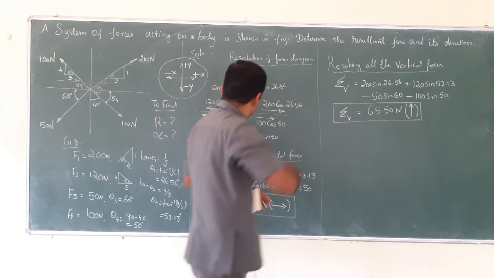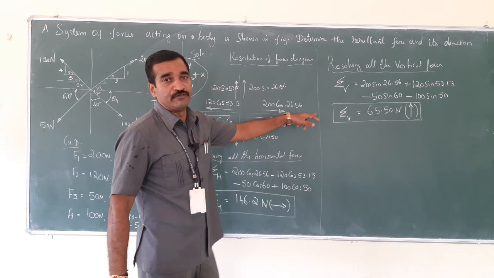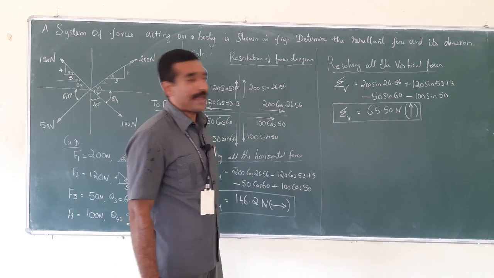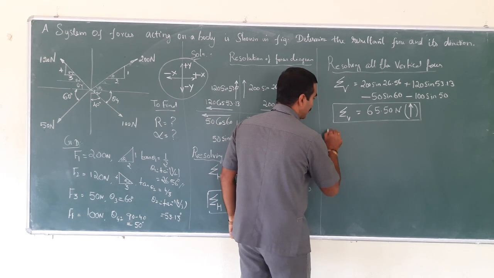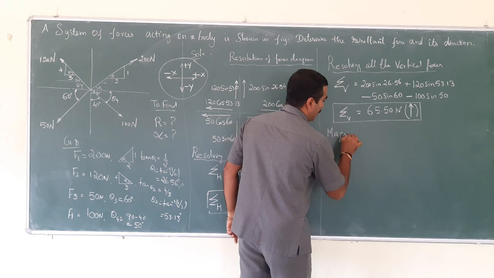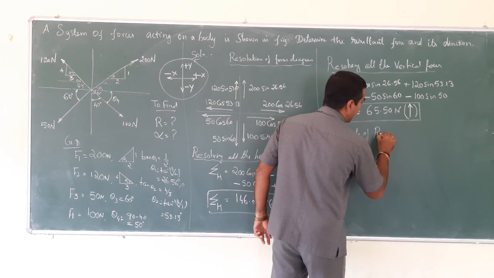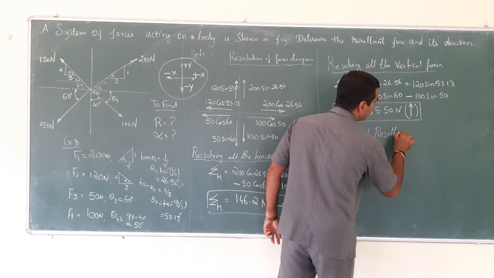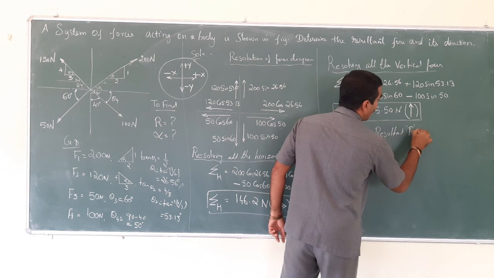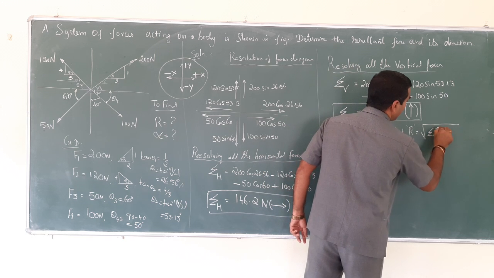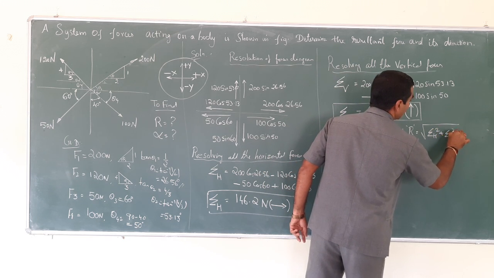So I have arrived at the value of summation H and summation V. What needs to be found here? The magnitude of resultant, which can be written as R. R is equal to root of summation H square plus summation V square.